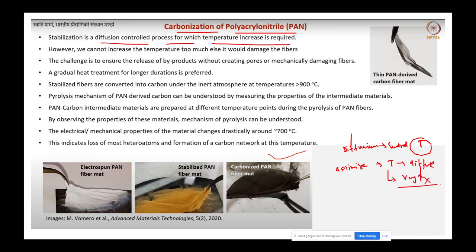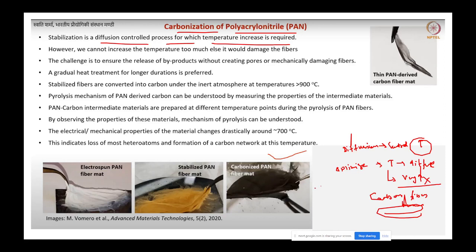Otherwise your carbon fiber will burn out, right? So that will become ash. So this you have to think about. The challenge is to ensure the release of byproducts without creating pores or mechanically damaging fibers.